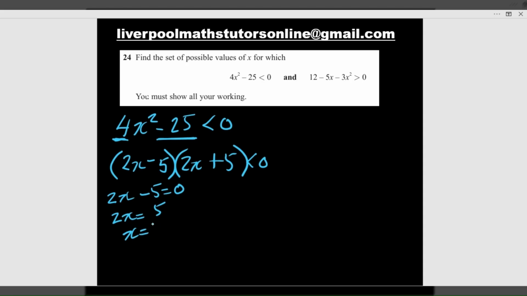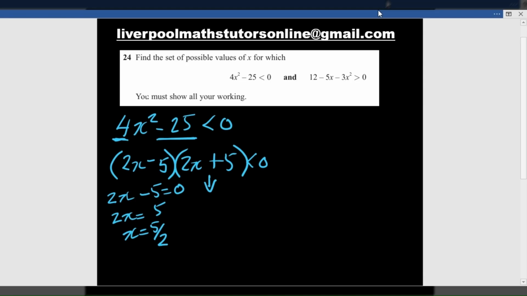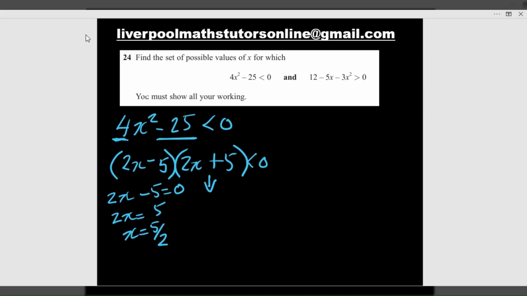So my x would be equal to 5 over 2. Do the same with this one, and I've got, okay, let me change the colour. Do the same with that one, and you've got 2x plus 5 is equal to 0, which makes 2x equal to negative 5 and x equal to negative 5 over 2.